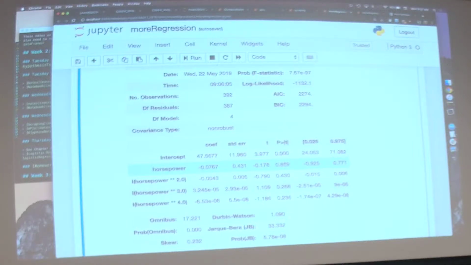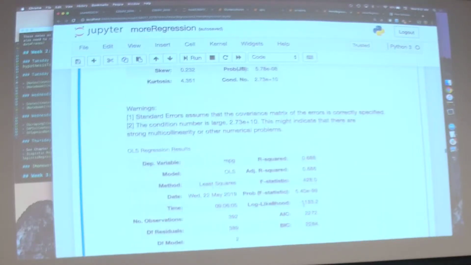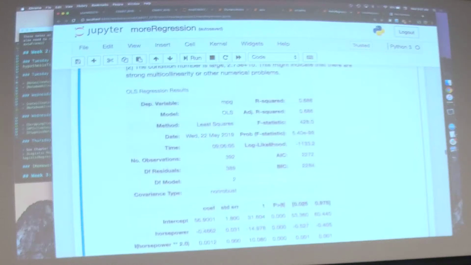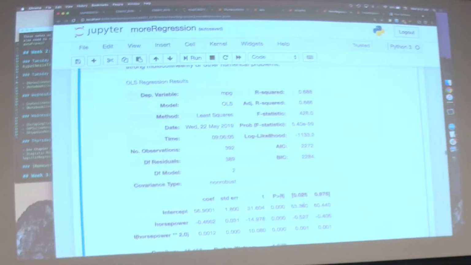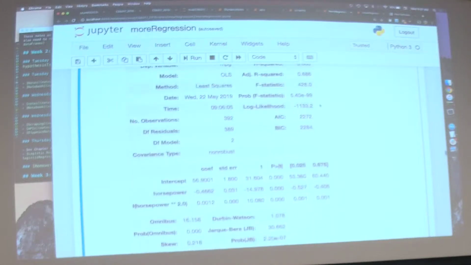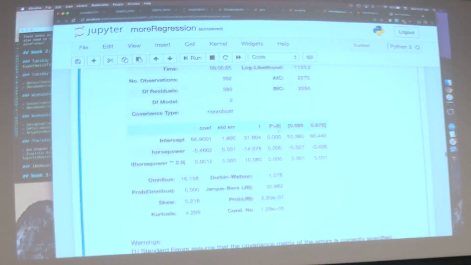If we look at the quadratic version, where you just have 2 terms, our R-squared value again is almost as good, and this time our p-values for our coefficients are much lower, which means basically we need them all.